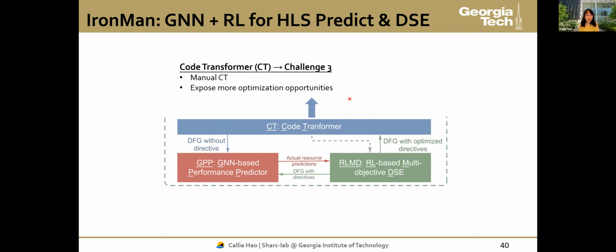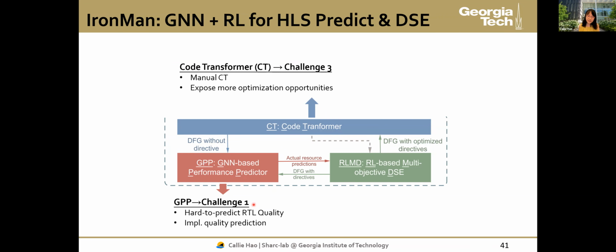So let's break it into parts. For the code transformation, it solves the third challenge, and it is motivated by manual code transformation requirements, and it can expose more optimization opportunities. The second one, GPP, is the graph neural network-based performance predictor.